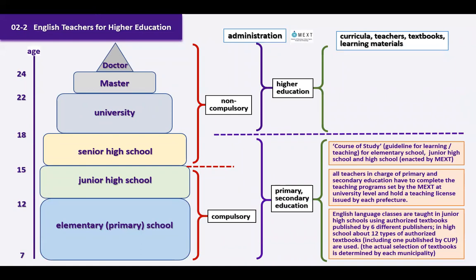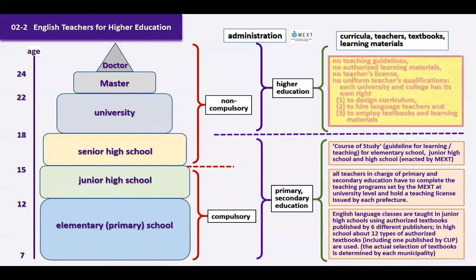It is important to note that while primary and secondary education is subject to fairly strict regulations, there's no clear framework for the qualifications required of teachers who teach at Japanese universities.